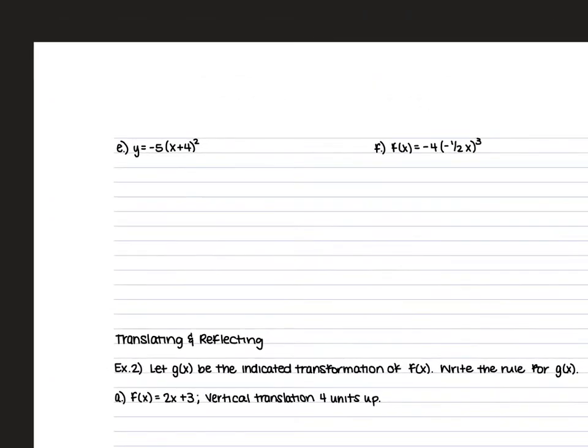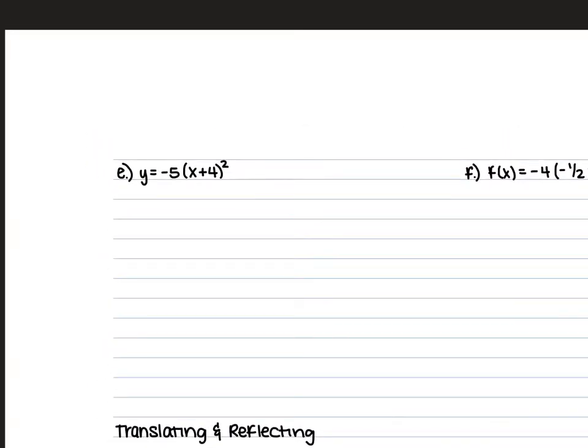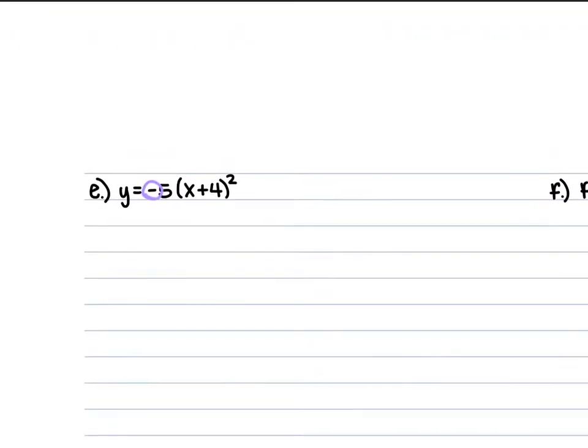For example E, we have y is equal to negative 5 times x plus 4 squared. Start with the negative. That negative in front of the 5, it's outside the parentheses, so we're reflecting vertically. If we're reflecting vertically, we're crossing the x-axis. So that's a reflection across the x-axis.